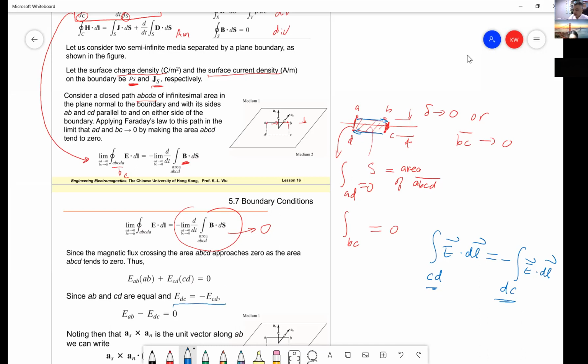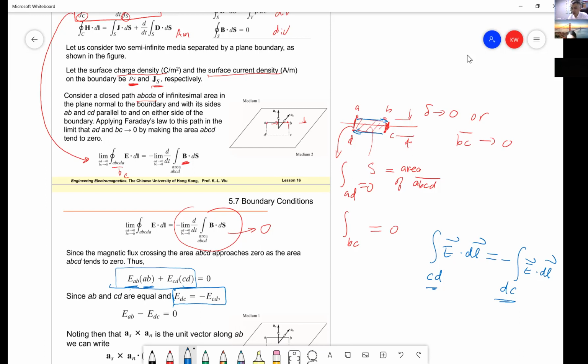Therefore we have this expression. Because this is a line integration, it is the electrical field multiplied by the length AB and the length of CD.